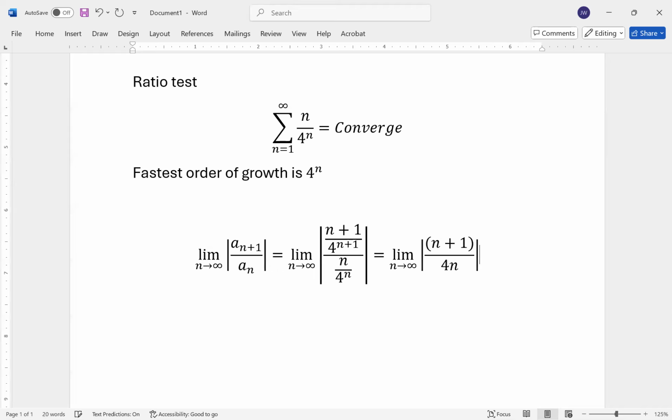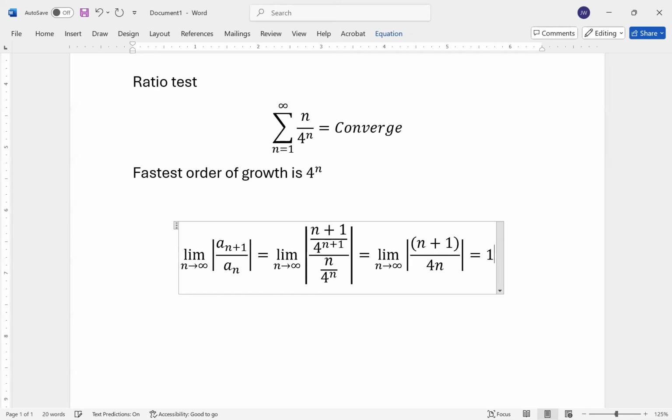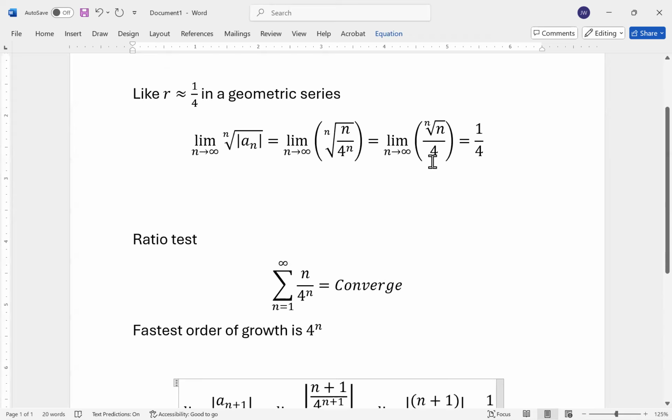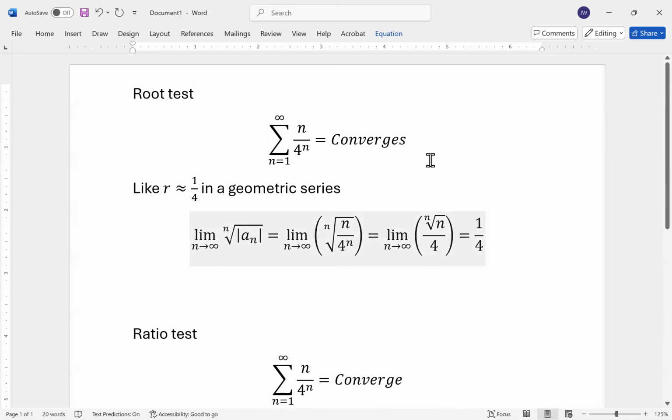This limit is obviously 1/4, which is smaller than 1. So we know by the ratio test that this infinite series converges. In this case, we could do both tests.